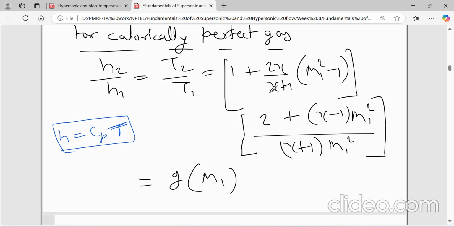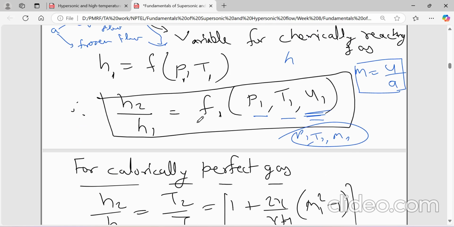Its relation can be derived, which is given by 1 plus 2 gamma upon gamma plus 1, (M1 square minus 1) into (2 plus (gamma minus 1) M1 square) upon (gamma plus 1) M1 square. And if you see, this relation is only a function of M1.